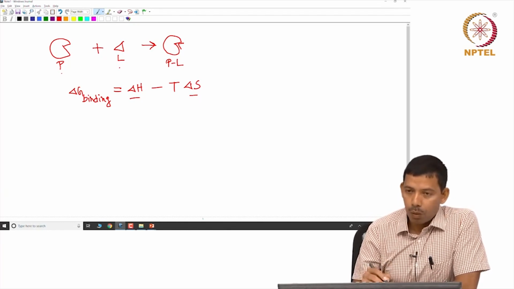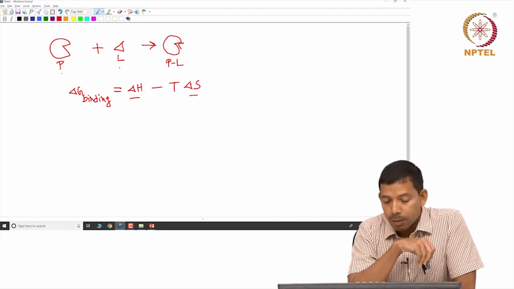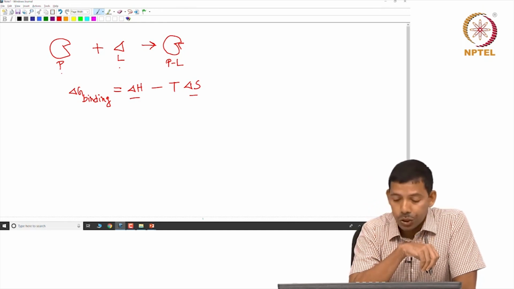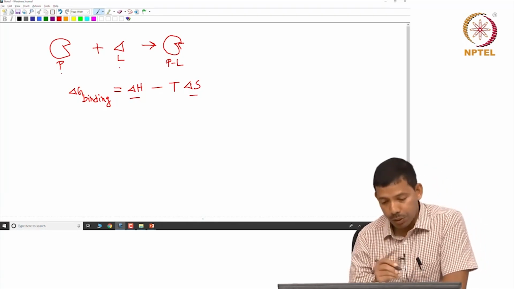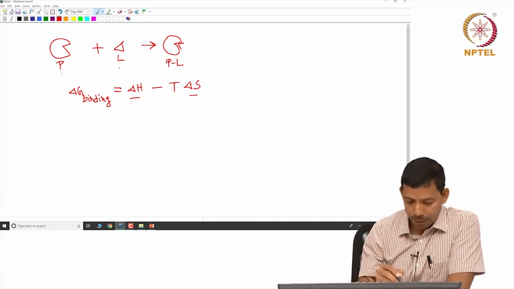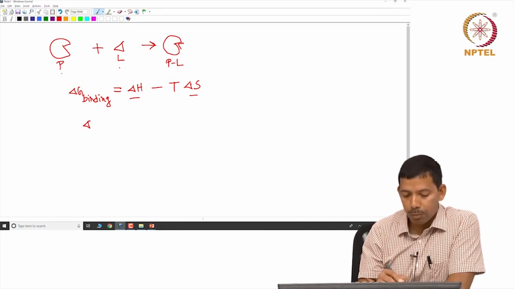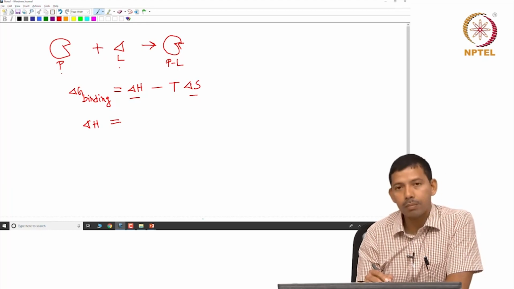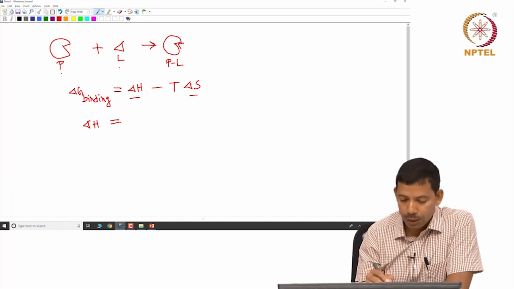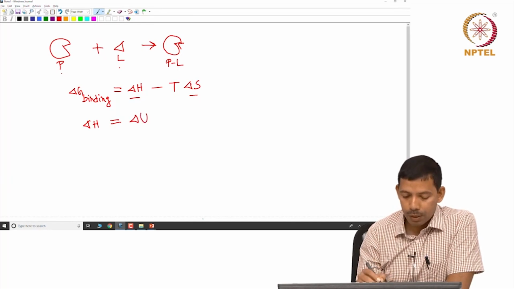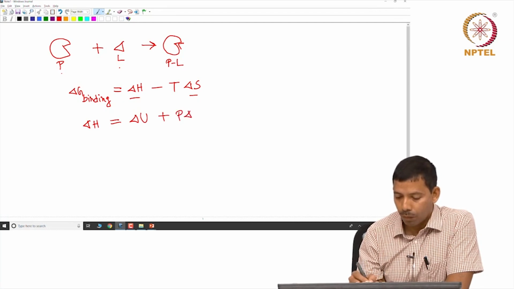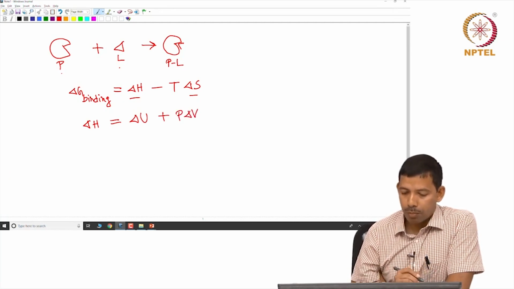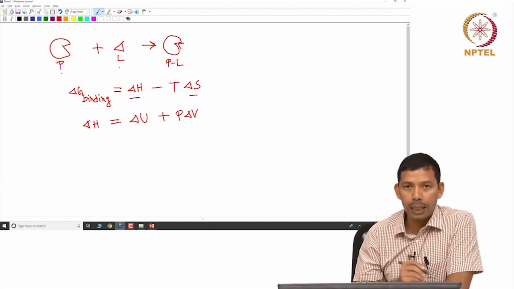But what is the magnitude of delta H, the magnitude of delta S? Classical thermodynamics does not tell you that. Now, statistical thermodynamics comes in. I am writing another expression from classical thermodynamics: delta H is delta U, the change in internal energy, plus P delta V. Statistical thermodynamics can explain why delta H is this much.